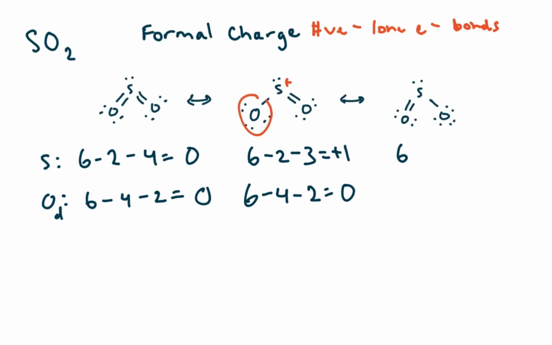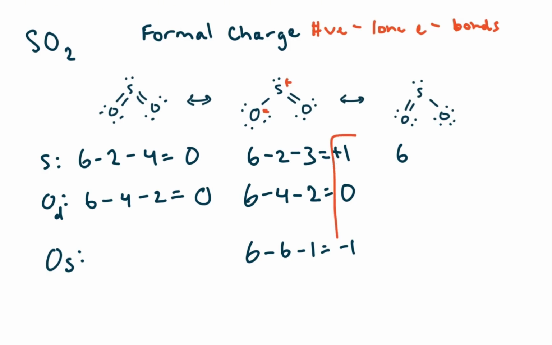Now for the single bonded oxygen, let's write another column for that. It has, again, 6 valence electrons minus 6 lone electrons this time, because they have 1, 2, 3, 4, 5, 6, and minus 1 extra bond, which equals negative 1. So this oxygen has a negative 1 formal charge.